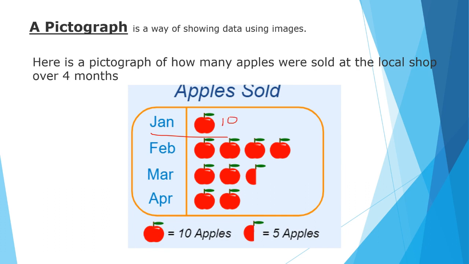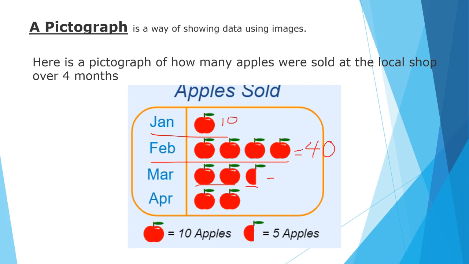Okay? And then dito sa February, since meron tayong 4 na whole apples, so meaning sa February, we sold 40 apples. Sa March naman, meron tayong 2 whole apples at isang half.